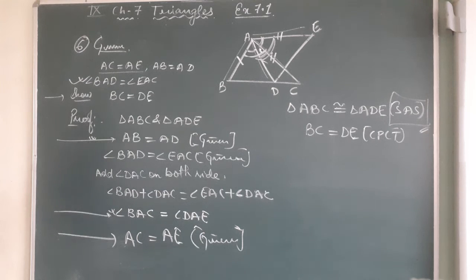Second, all the working must satisfy the axioms and postulates I taught you in chapter 5, and a figure is required with every sum. Most important in congruency, the corresponding parts will be equal. These are the secrets to solving a congruency sum in the right manner.